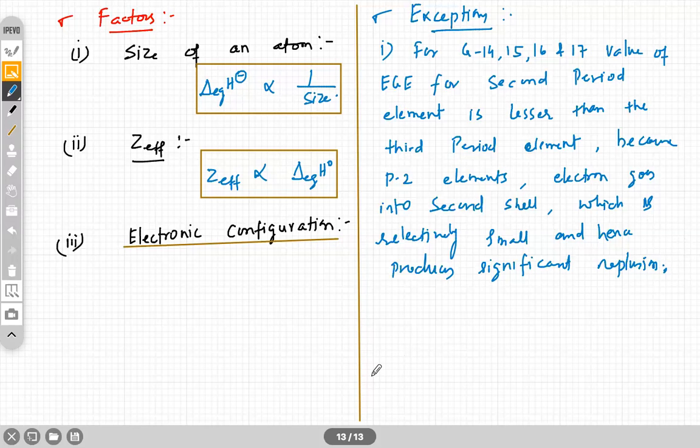That's why its electron gain enthalpy is less.